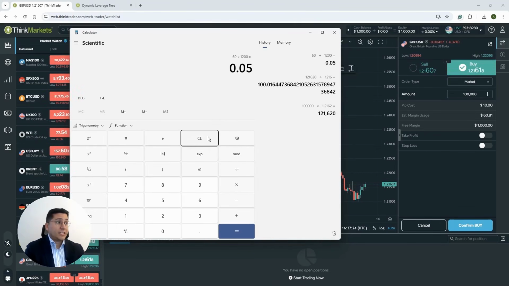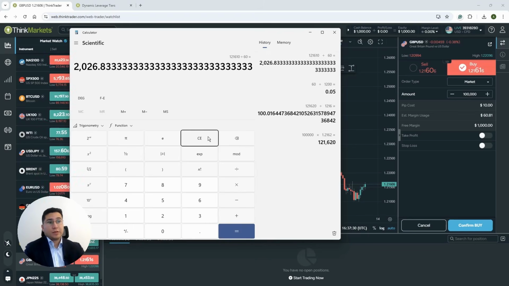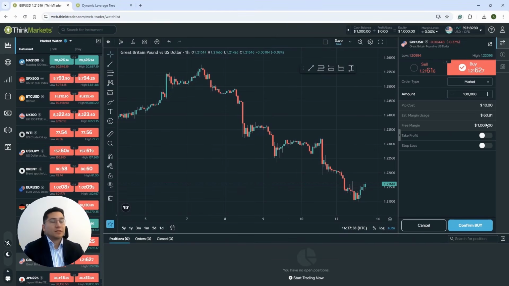Here, I actually have 2,000 leverage. What's interesting is that, again, you don't have to put $1,200 to open this position. It's enough with just $60. So the great thing here is you can start with a smaller amount of money and still be able to open big positions. And this is very interesting, especially in today's environment.